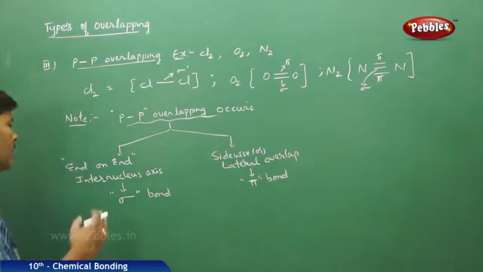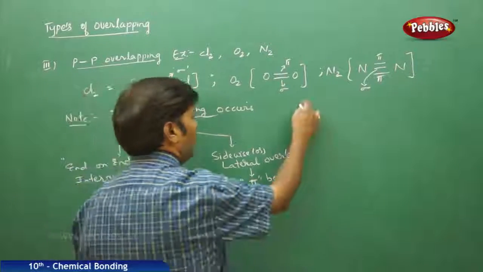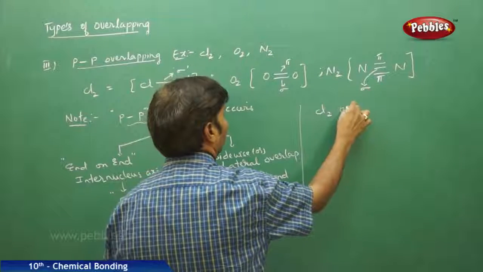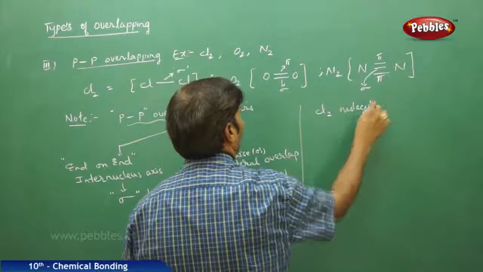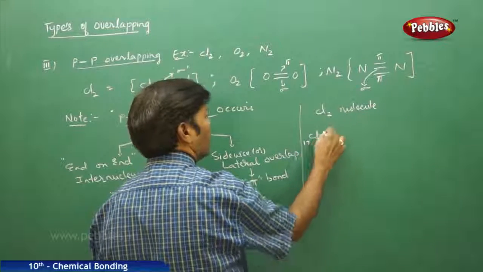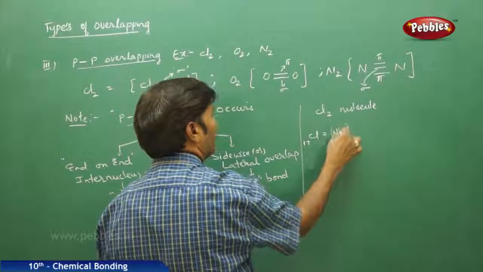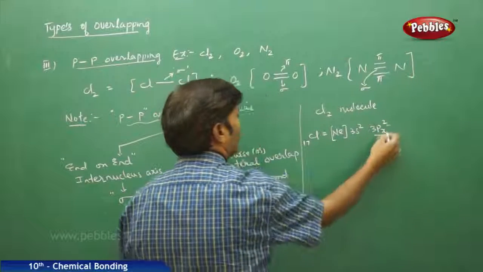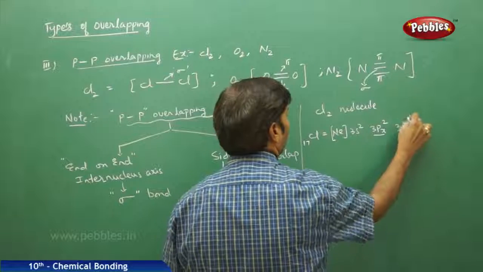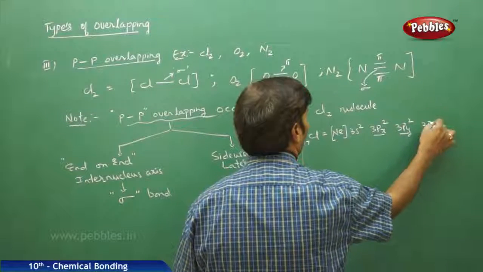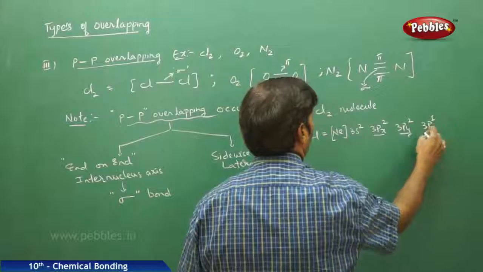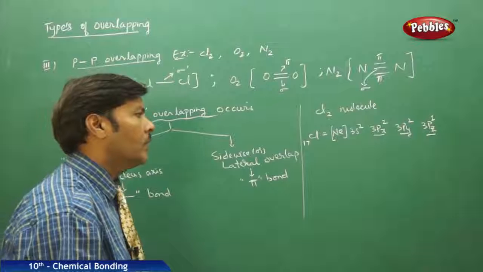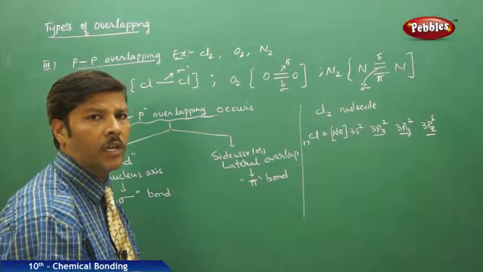Based on this, suppose for example you take the chlorine molecule, Cl2. If you take one chlorine atom, the atomic number is 17, and the nearest noble gas configuration is neon, 3s2, 3px2, 3py2 and 3pz1. So the 17th electron of chlorine is in the 3pz atomic orbital and it contains one unpaired electron.